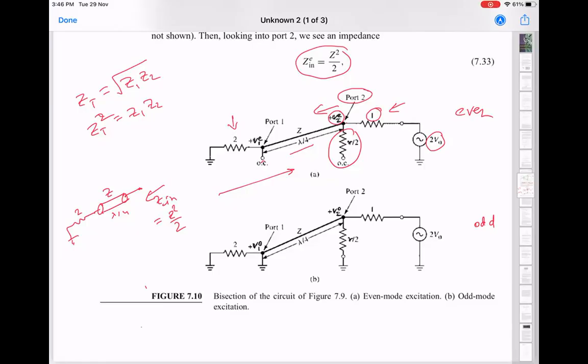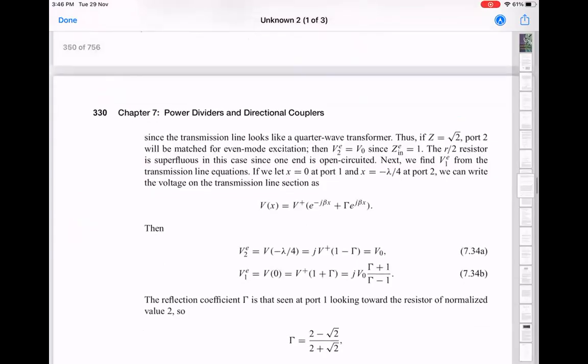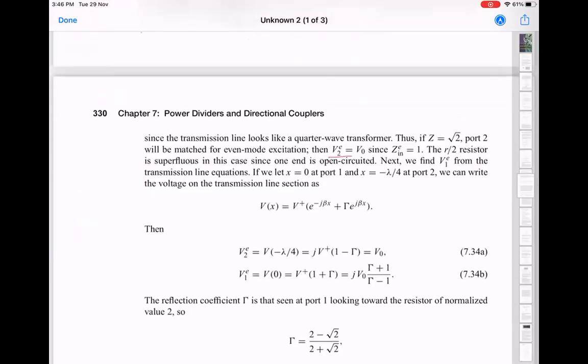It's a simple voltage divider. So this V2E is basically going to be just V0. Okay, that's the voltage at this point. So that's what's written here since C is 1. R by 2 is anyway not considered.